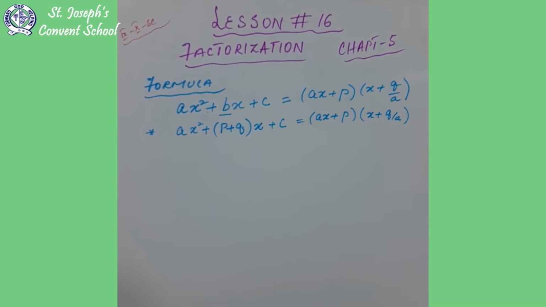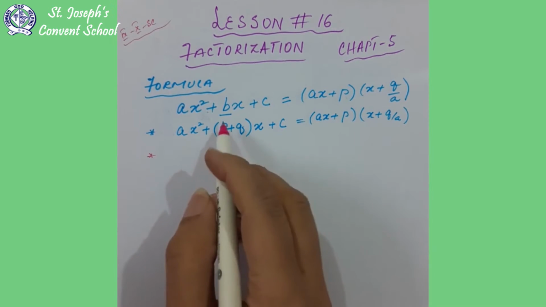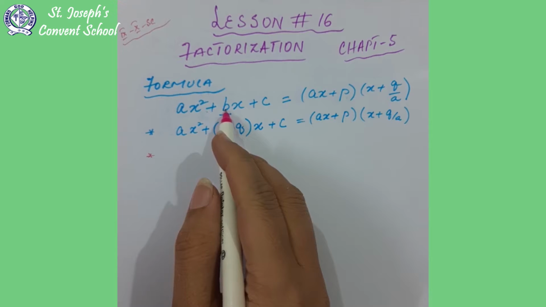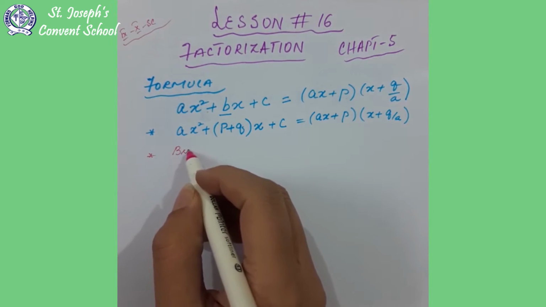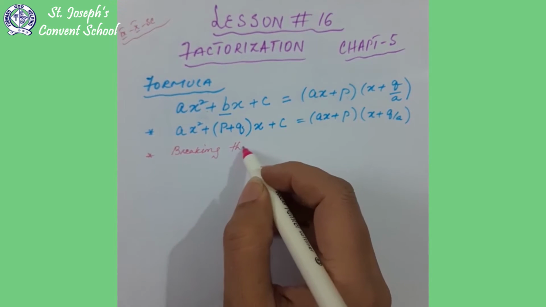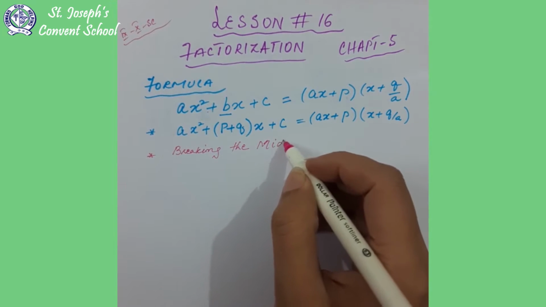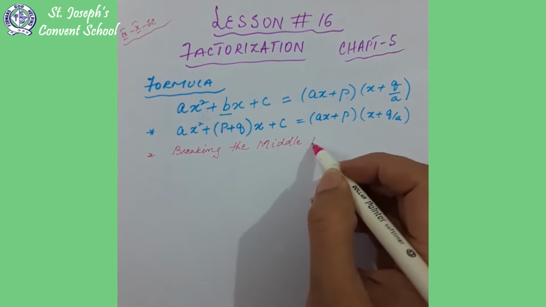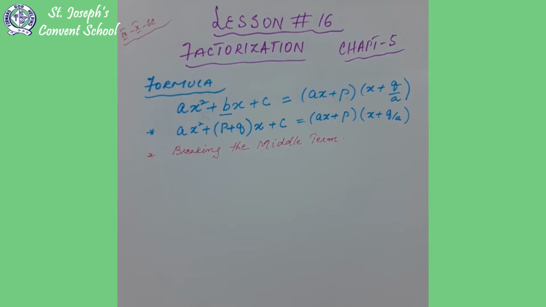In this question we are going to break the middle term. Let me write it here so that you will remember it. We will break this middle term b into two factors. So this is known as breaking the middle term. Now this we will do today.